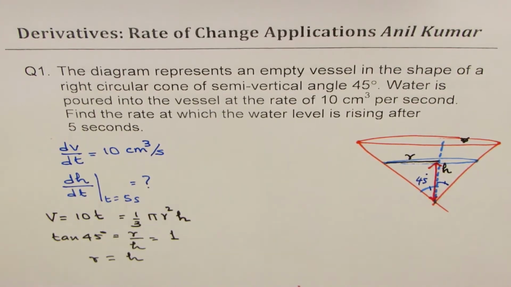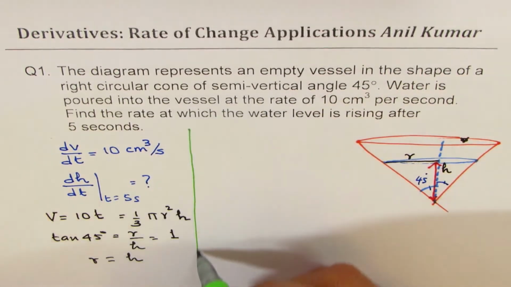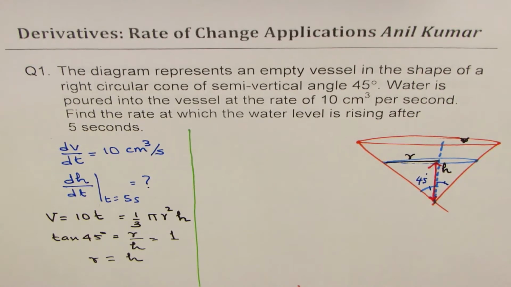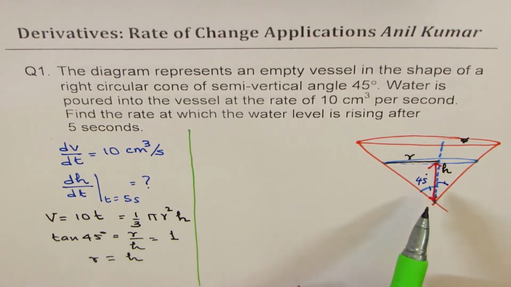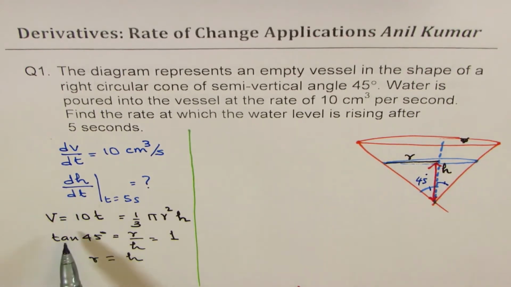So from the question, we have all these things known to us. Standard formula, 1/3 pi r square h. And the given conditions tell you that radius is equal to height and volume is equal to 1/3 pi r square h, where volume is 10t.